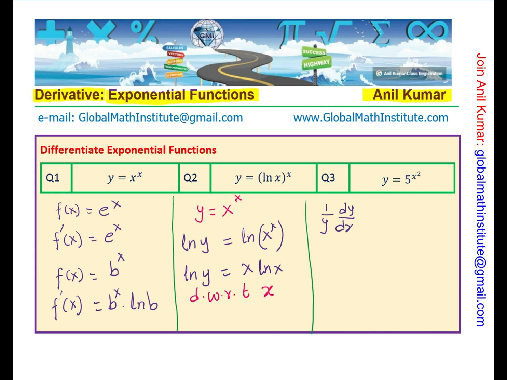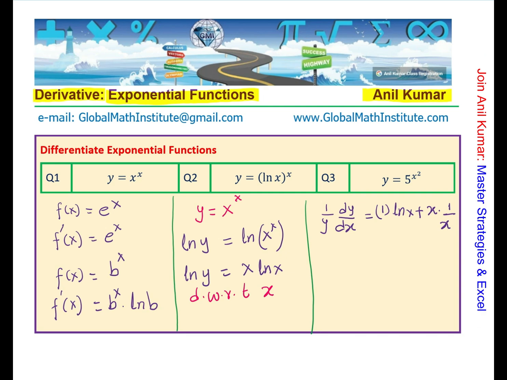Here we are going to apply the product rule, derivative of x times ln x, right? So which is 1 times ln x plus x times derivative of ln x. x times derivative of ln x is x times 1 over x. So that's what we get on the right hand side.